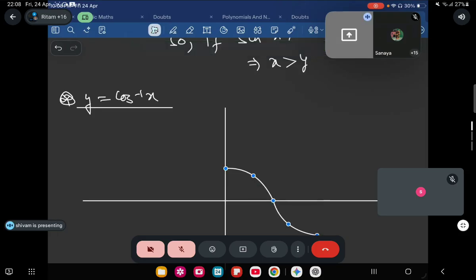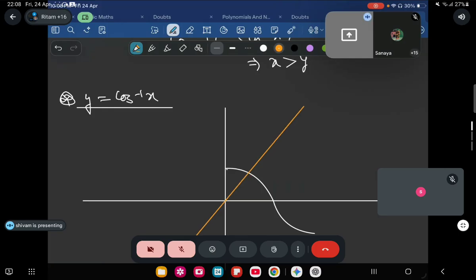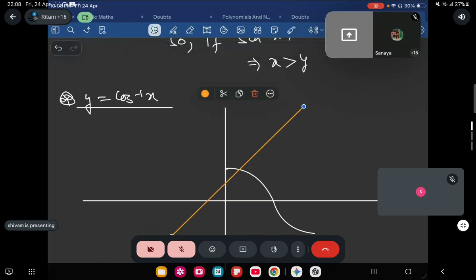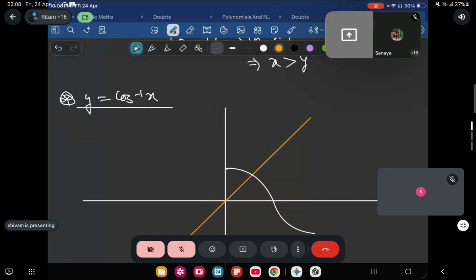This is the graph of cos x in 0 to pi. And this is the line y equal to x.